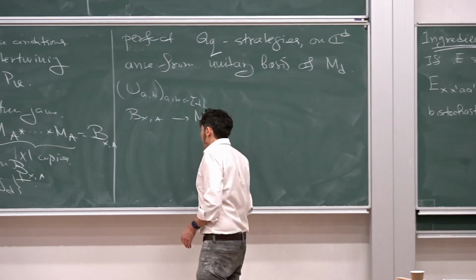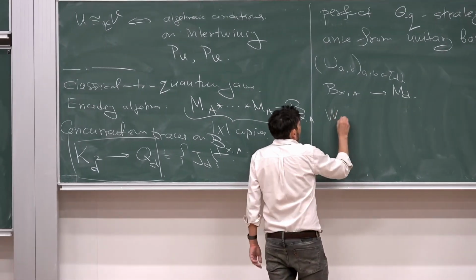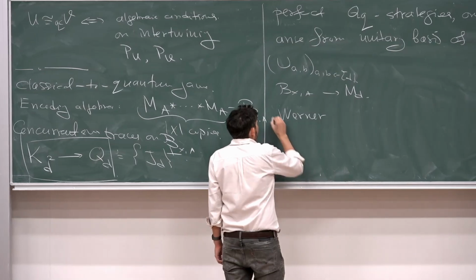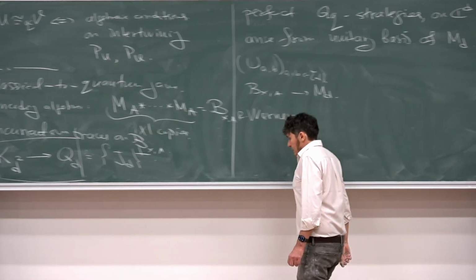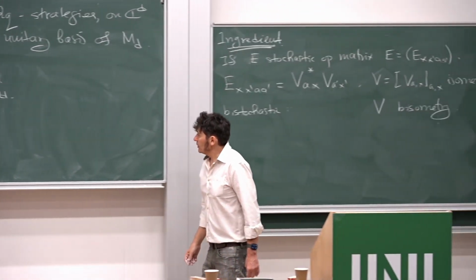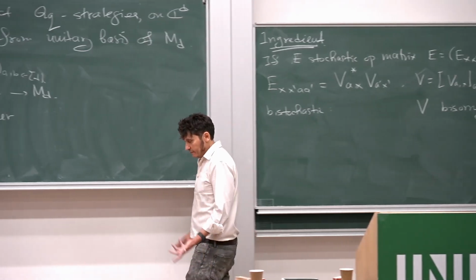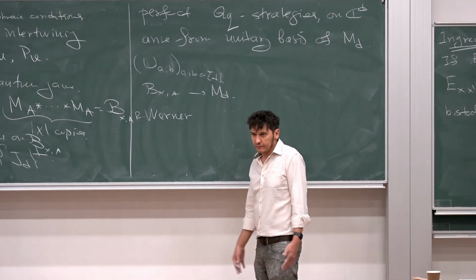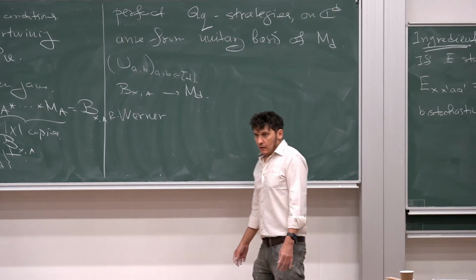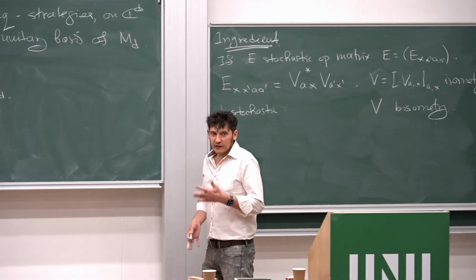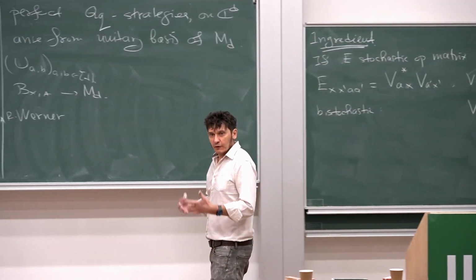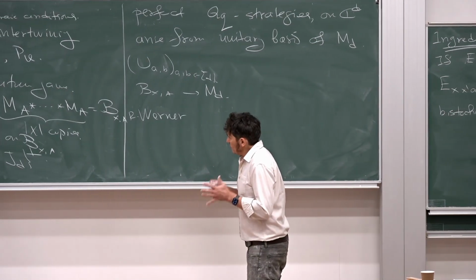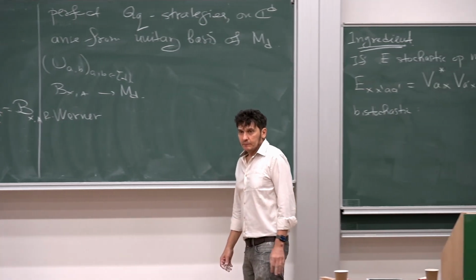There is a nice paper of Werner, Reich and Werner. It's a relatively old paper, and basically it is entitled, I think, All Teleportation Schemes. Over there, he's establishing this very nice equivalence between superdense coding, teleportation, and unitary bases, right?